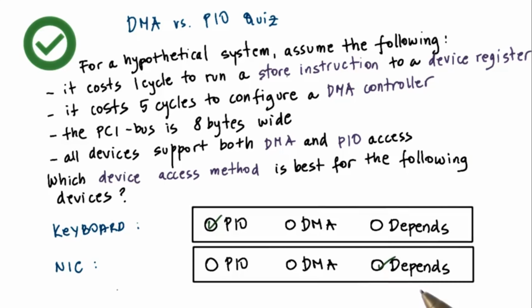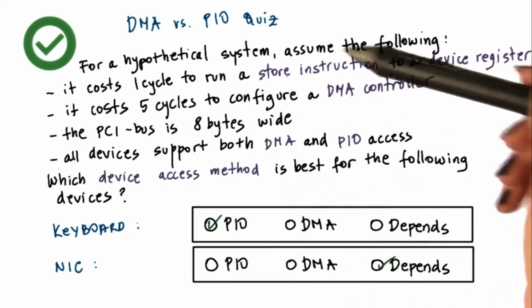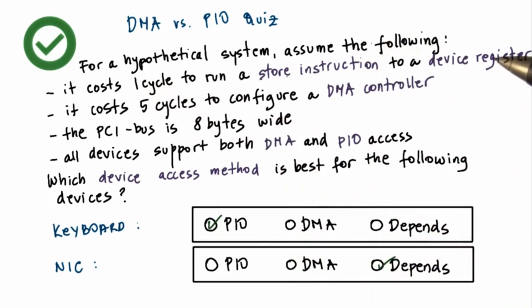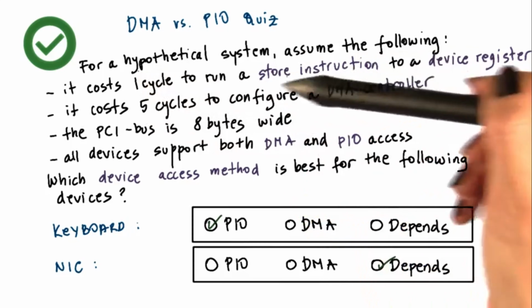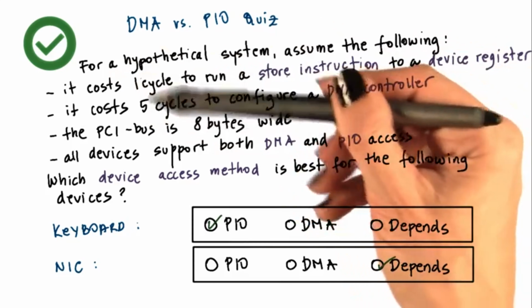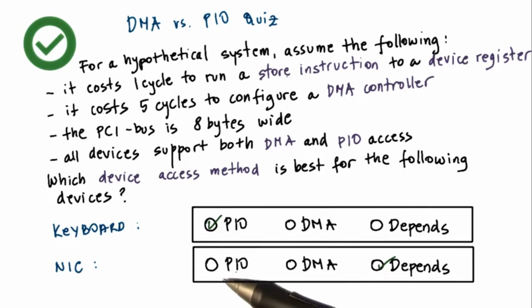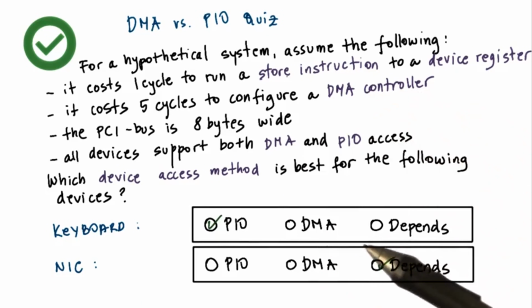If we're sending out small packets that require that we perform less than 5 store instructions to the device data registers, given that the difference between the store instruction and the DMA controller in this hypothetical example is 1:5, then it's better to perform programmed I/O. If we need to perform larger data transfers, then the DMA option will be a better one, since we just need to configure the DMA controller and then issue the request.